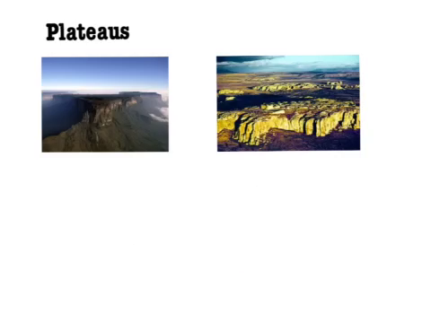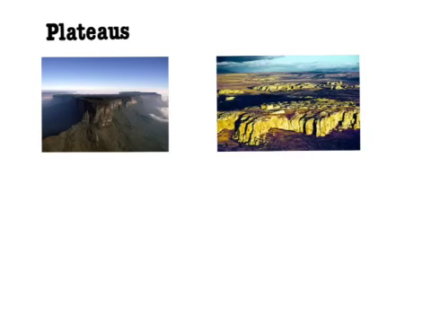So we can move on to think about plateaus, and here are two pictures of plateaus. This one is from Siberia and this is from the United States. Now you'll see that there's something shared between plateaus and plains, that is that they're largely flat lands.